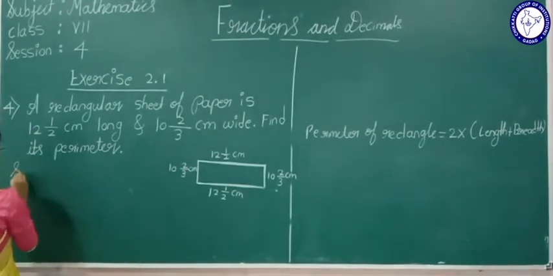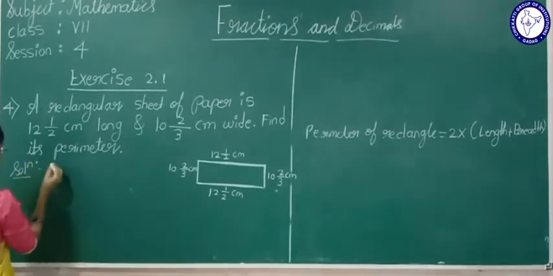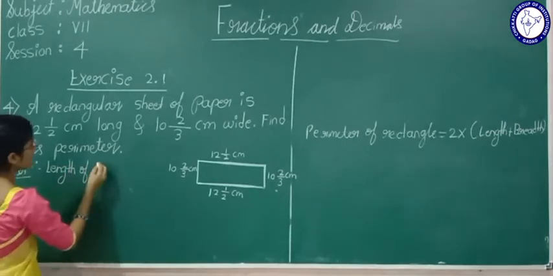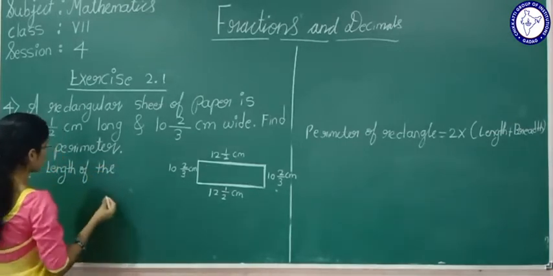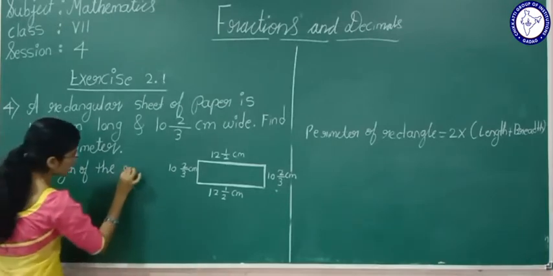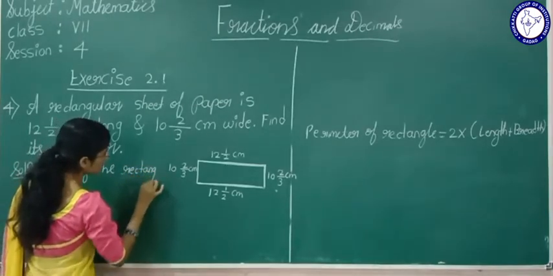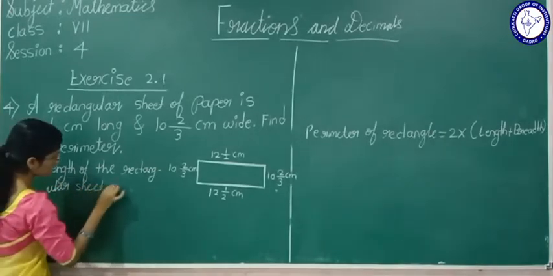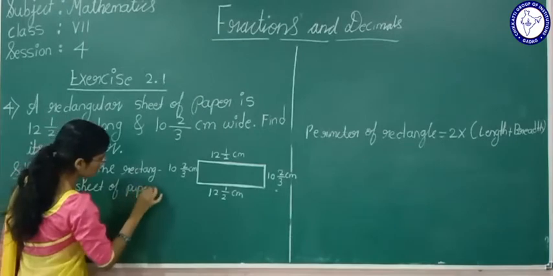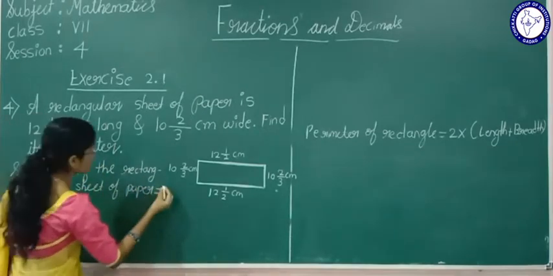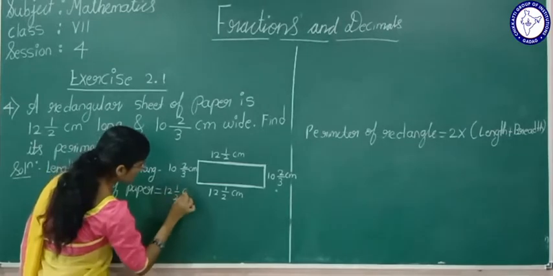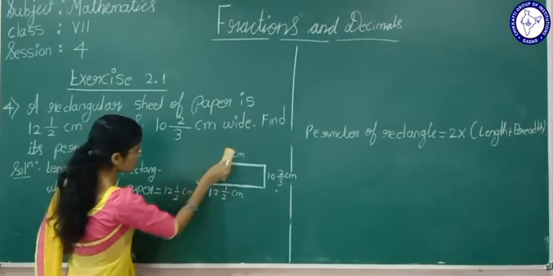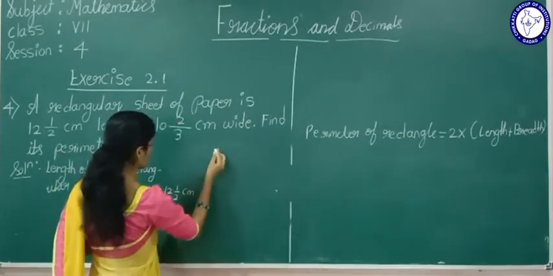Okay, solution. Say the length of the rectangular sheet of paper is equal to 12 integer 1/2 centimeter. Don't get confused here, I will draw it on this side.